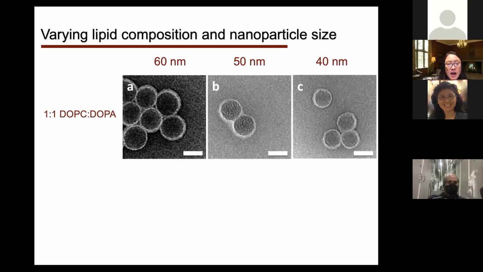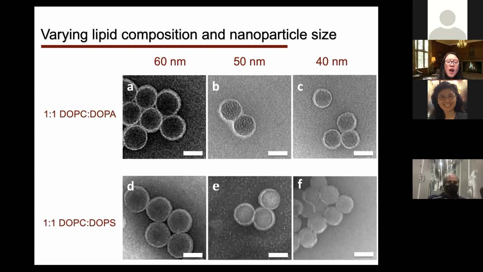You can see that even with 50% as opposed to 20%, which is the former limit when you don't use these other tricks in the formation of the system, it works. Similarly, irrespective of the charged lipid that you use, we can achieve similar results, changing the head group from PA to PS.